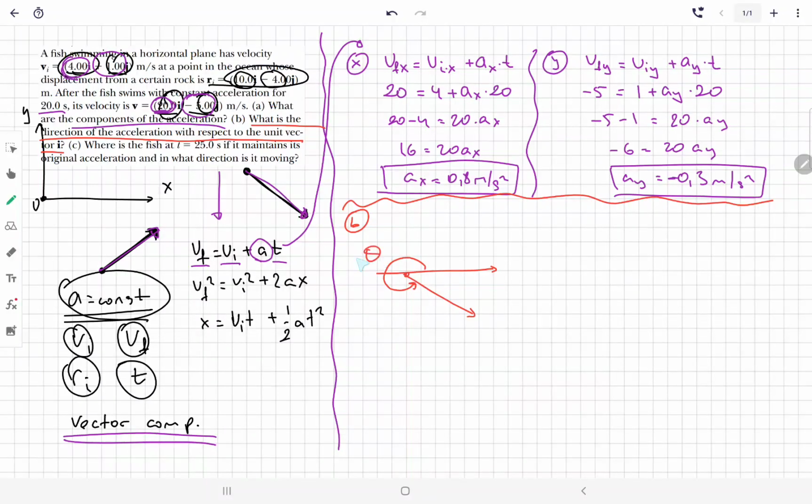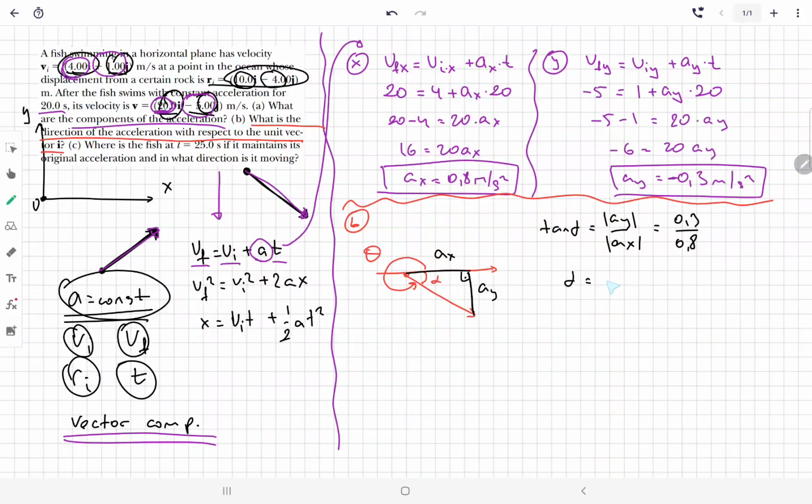I think we need to find this angle, theta. We can first find this angle alpha, then 360 minus this alpha will be the answer, because alpha is easy to find. This is ax, this is ay, so this part is totally basic geometry. As you see, tangent alpha equals ay over ax. We just pay attention to the magnitude, to the length basically. 0.3 over 0.8.